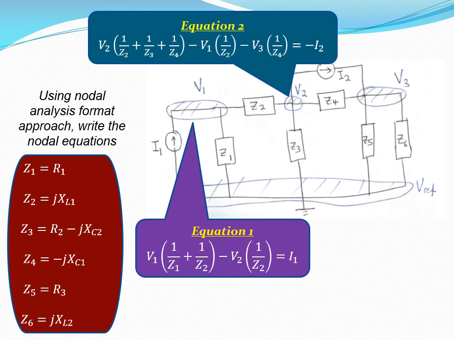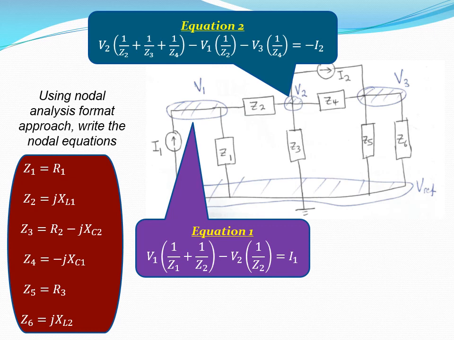For node 2, the admittances attached to the node are 1 over Z2, 1 over Z3, and 1 over Z4. Therefore, the first term is V2 by (1 over Z2 plus 1 over Z3 plus 1 over Z4). The mutual nodes are node 1 and node 3.